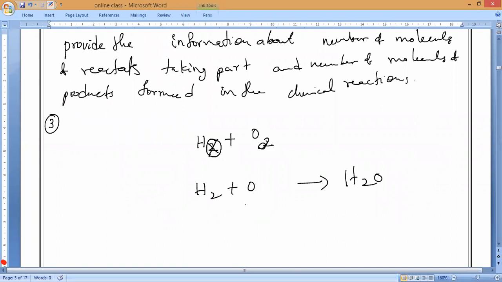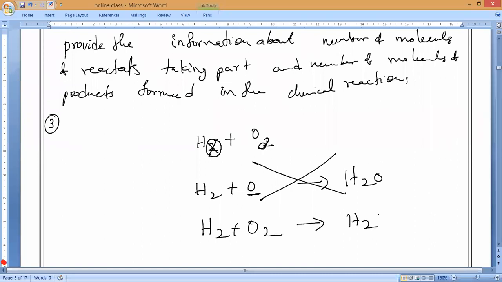Is it right or wrong? Wrong. Why? Oxygen is a diatomic molecule, so we always need to write O2. So if I balance it, it is possible to change only the coefficient. So the coefficient alone is in our hands. Nothing else is possible to change.